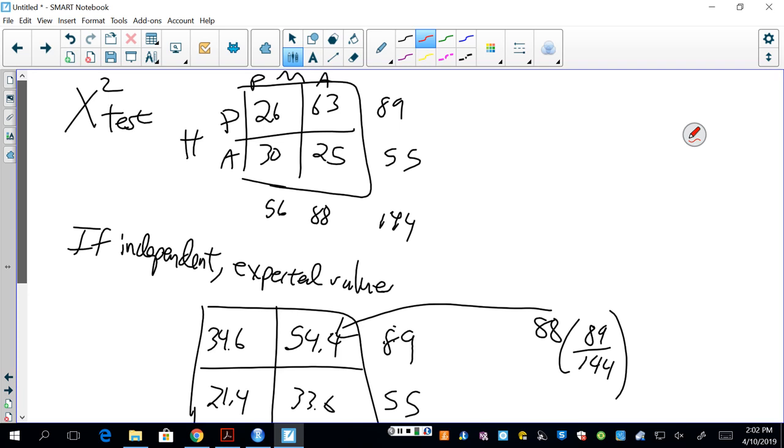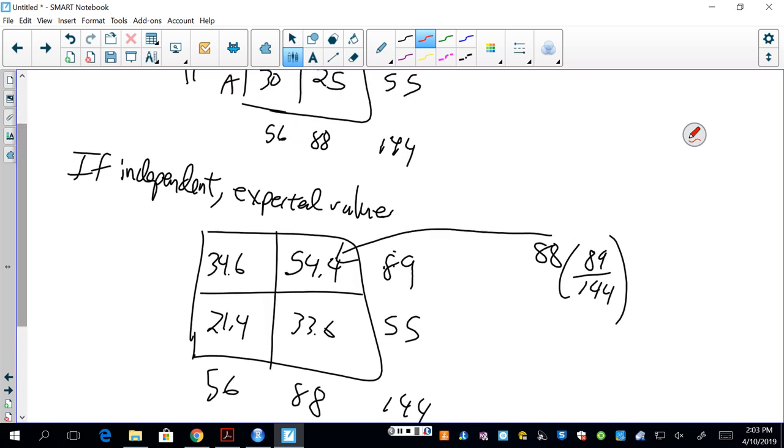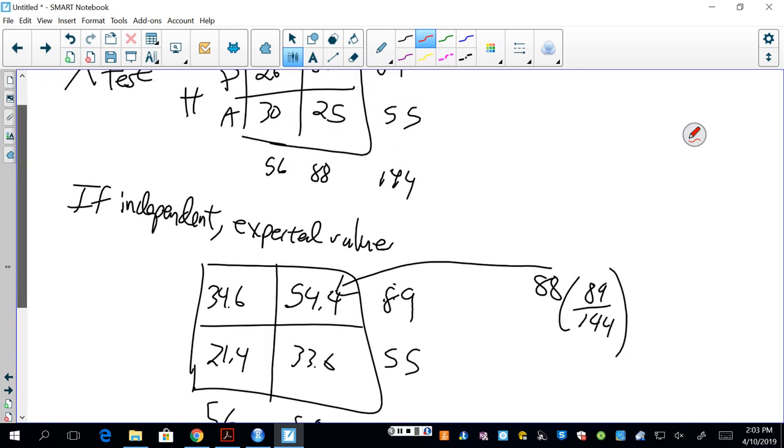So the occurrence of both, or the absence of both, happens a lot less than we would expect. On the other hand, off the diagonal, we expect only 21, we expect 54, but we have more. So they seem to trade off like that. That would be a description of this trade-off. And so we're going to calculate the x squared statistic.